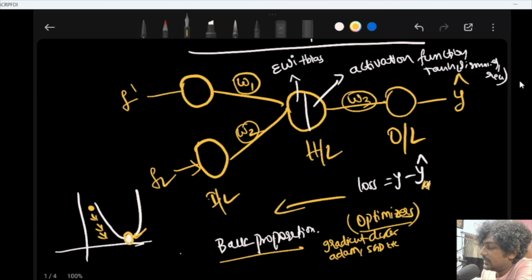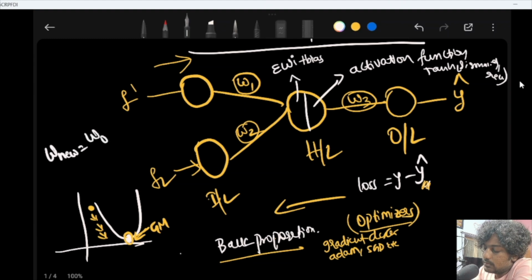After updating the weights, it again goes to the forward propagation, and it goes on until we find the global minima value, right? And we have the weight updation formula, that is w new equals w old minus learning rate times the derivative of loss with respect to the derivative of current weight.